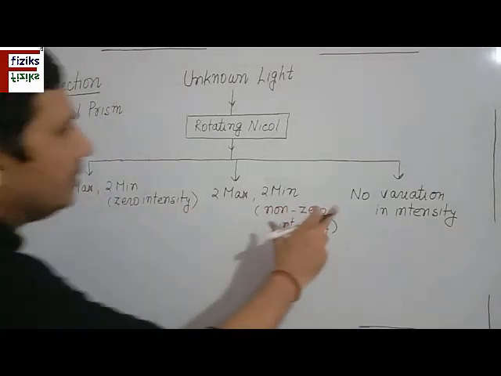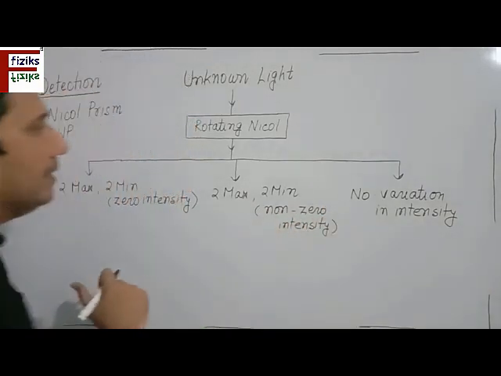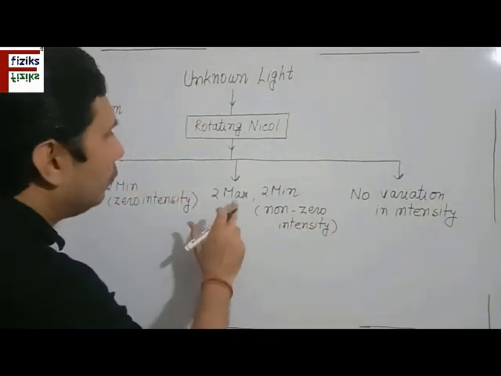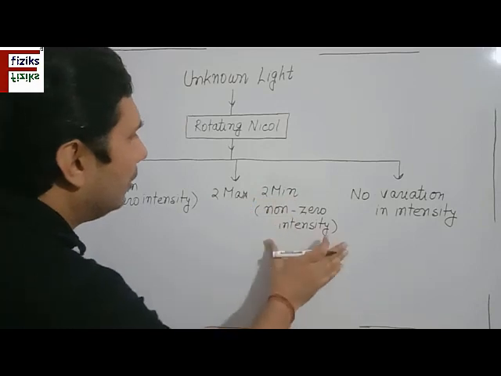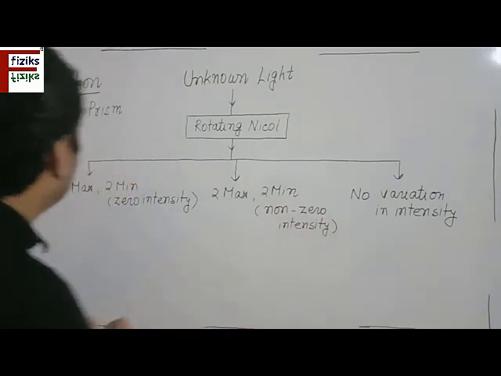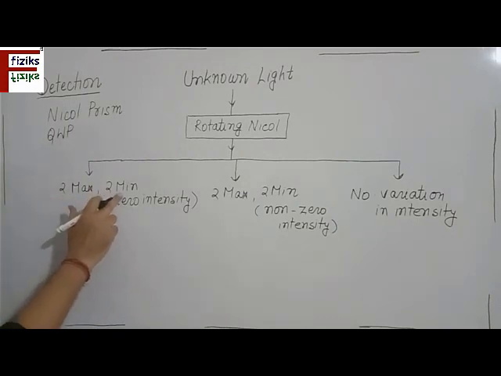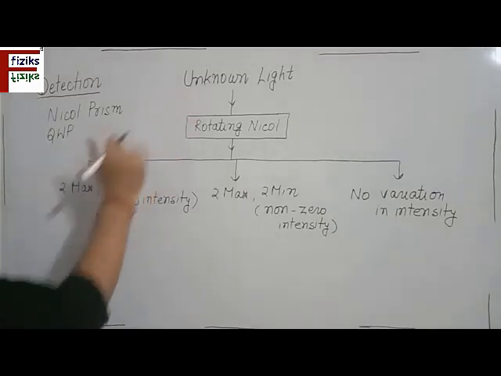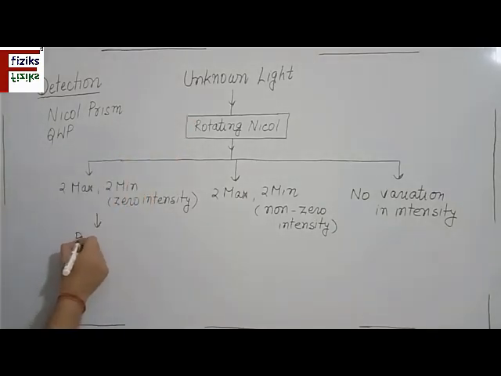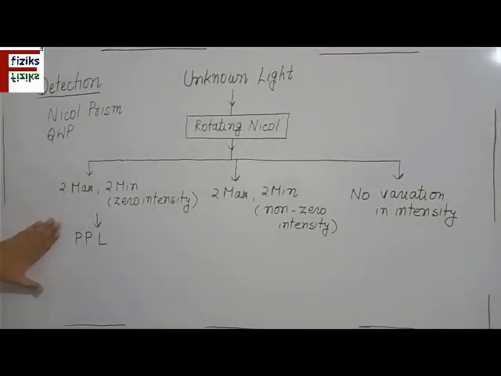In this case, when there is no variation in intensity, or in the case of two maxima and two minima with non-zero intensity, there are different possibilities. So in case when I am getting two maxima and two minima with zero intensity, this unknown light will be plane polarized light. Here there is only one possibility.